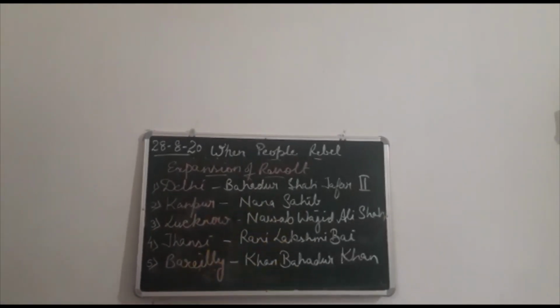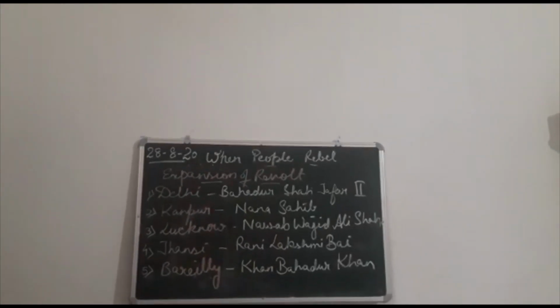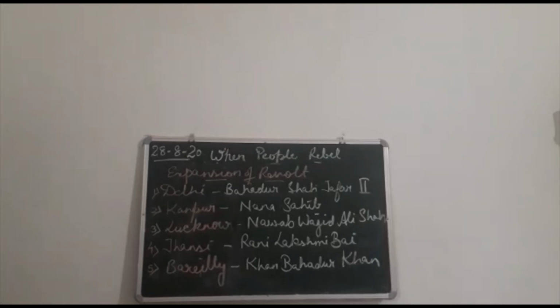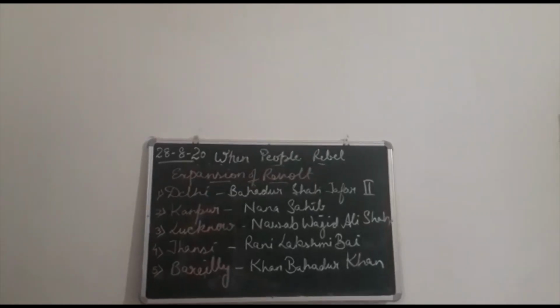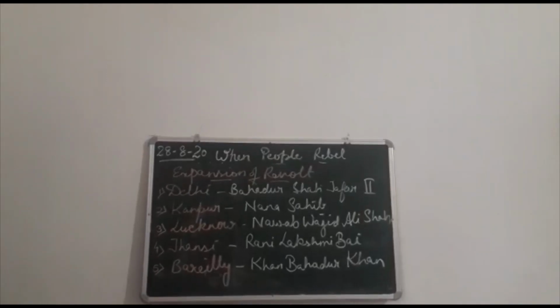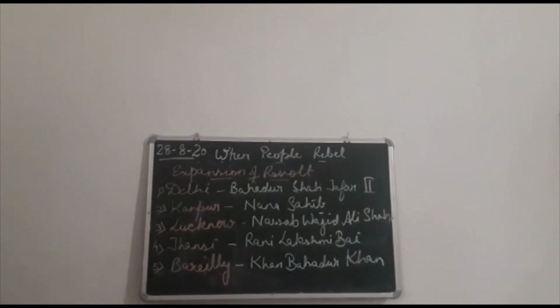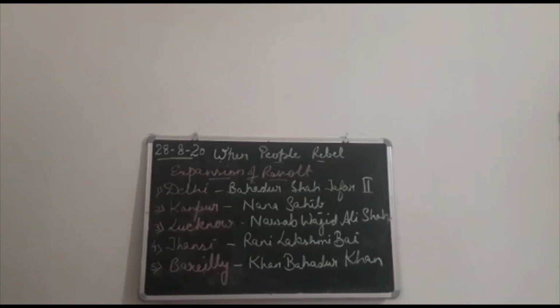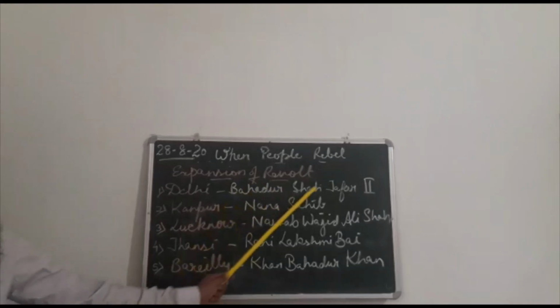Nana Sahib was the adopted son of the last Peshwa, Bajirao II. He gathered armed forces, expelled the British garrisons from the city, and declared himself the Peshwa. He also acknowledged that he was a governor under Emperor Bahadur Shah Zafar II.